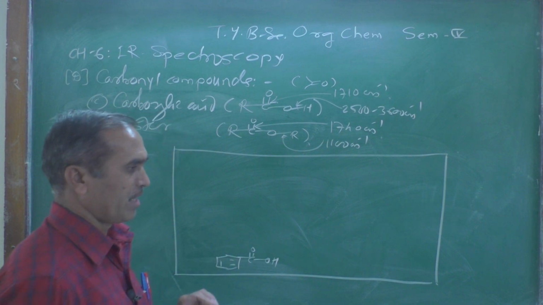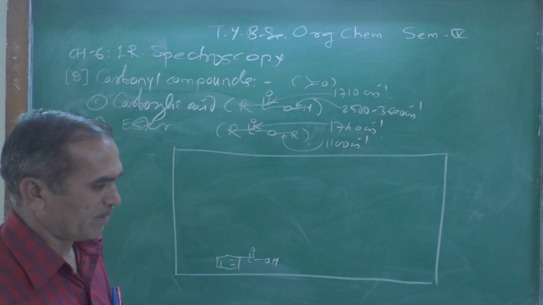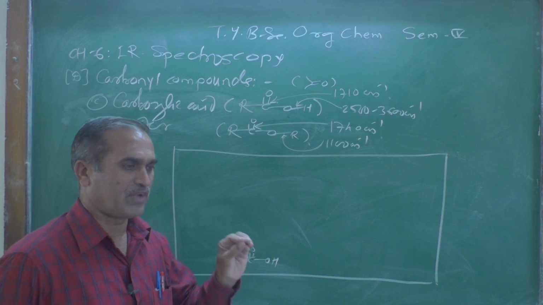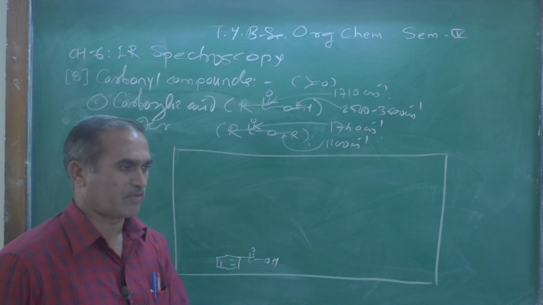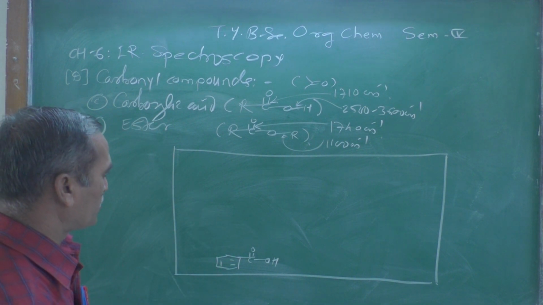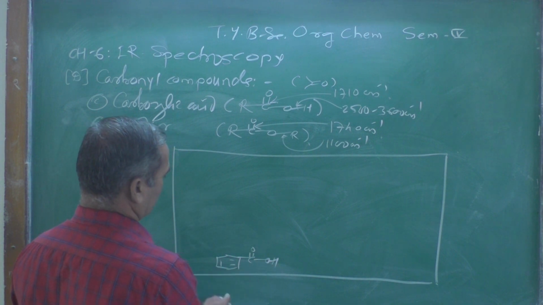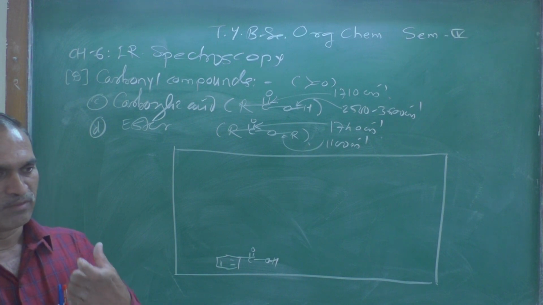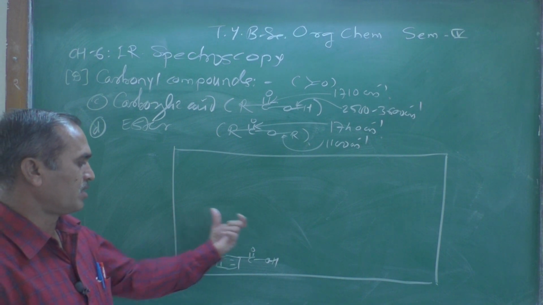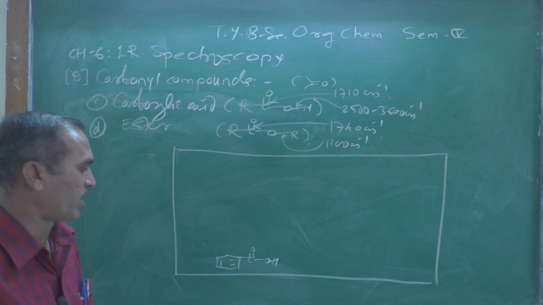The reason behind this I am going to explain while studying the factors affecting IR frequencies, and at that time we are going to discuss it. But here, how many prominent peaks will be observed in this particular organic compound, which is benzoic acid?